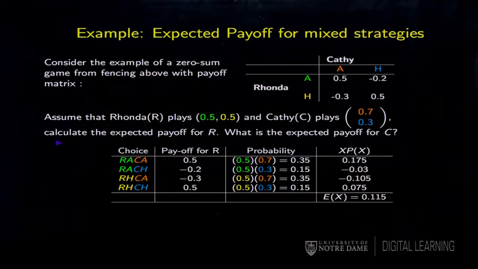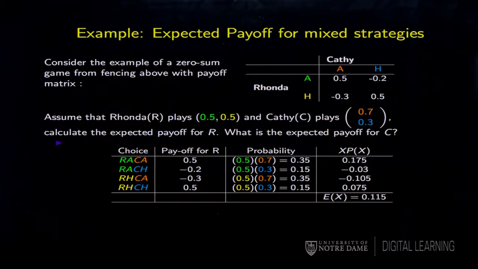We can find these probabilities in the strategies of both players. So we multiply the probabilities to get the probability that both of those things will happen, because of independence. The probability is 0.5 times 0.7, which is 0.35, and then in our last column we multiply each possible outcome times its probability, so multiplying the payoff 0.5 times its probability gives us 0.175.